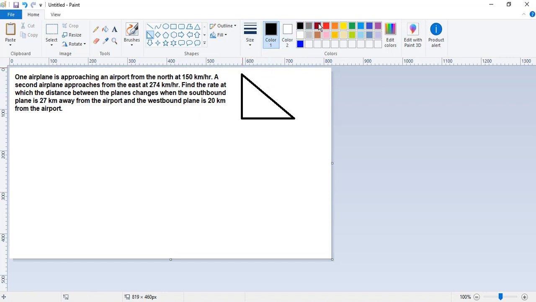Now what we can do here is just label one of the sides as variable x, and the other as variable y. Now we want to know about the distance between them both, or the hypotenuse, we'll just write z.